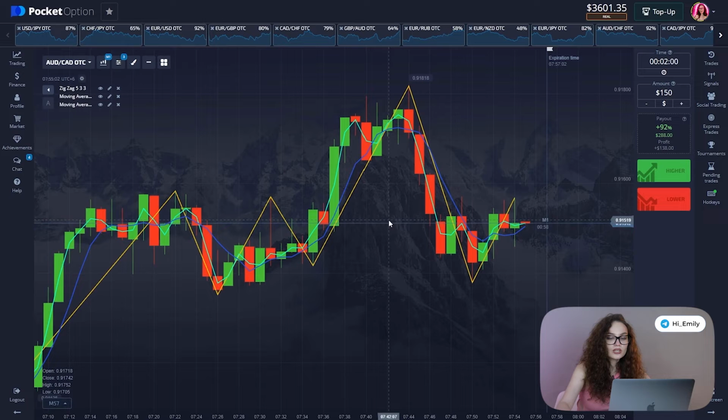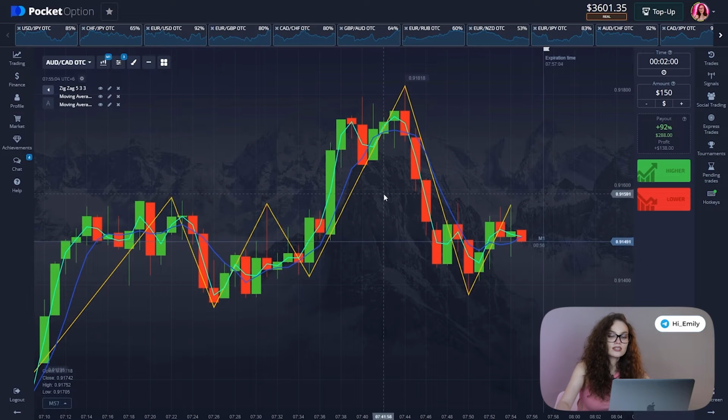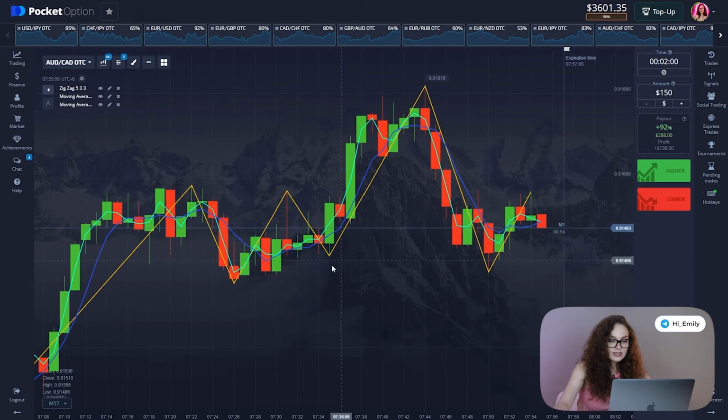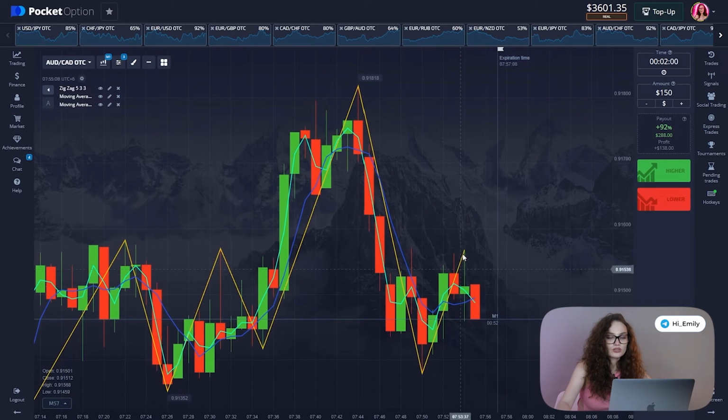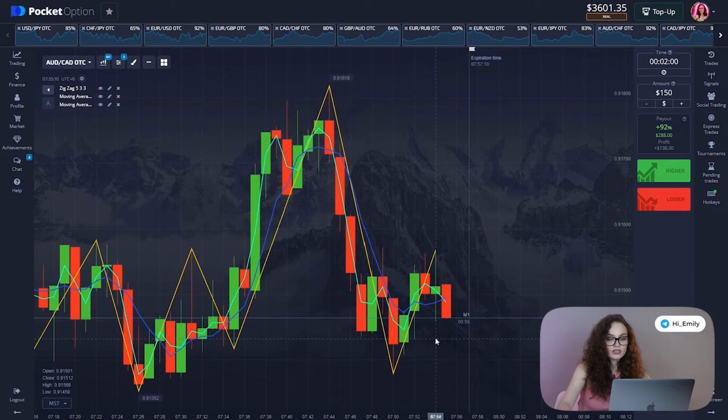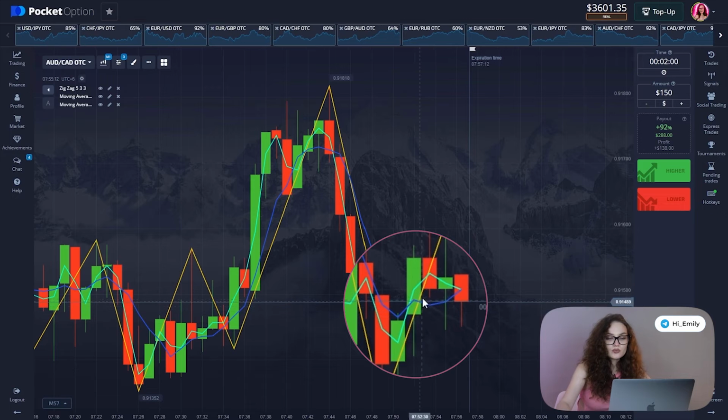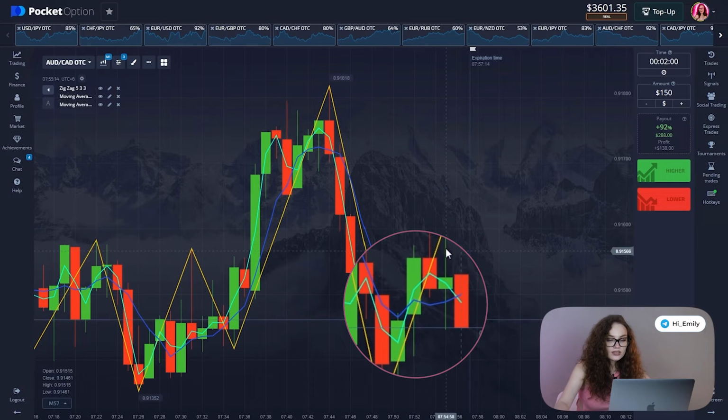Now we need to confirm our hypothesis with the Zig Zag indicator. It is this yellow indicator that will show us the direction of our trade, whether the candles will go up or down. That is, we first need to mark the intersection of the 2 moving lines. And at this very moment the Zig Zag indicator should show us the direction of the candles.